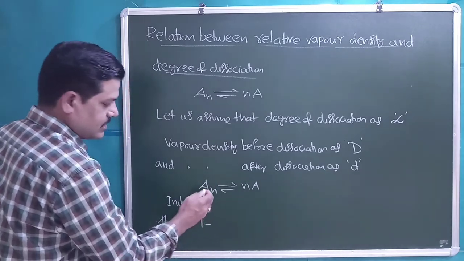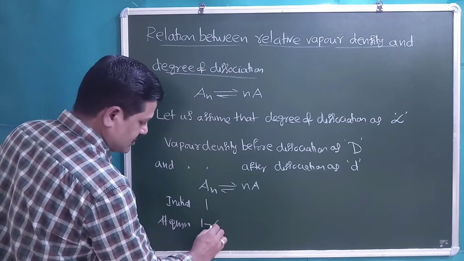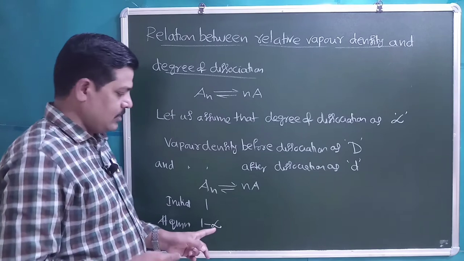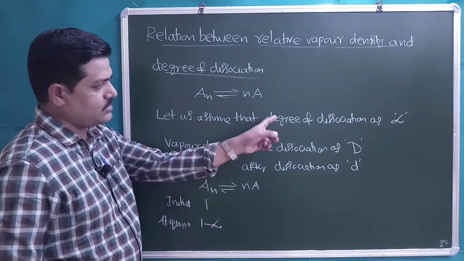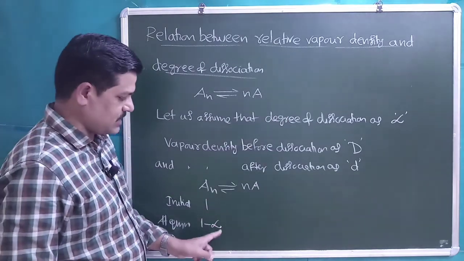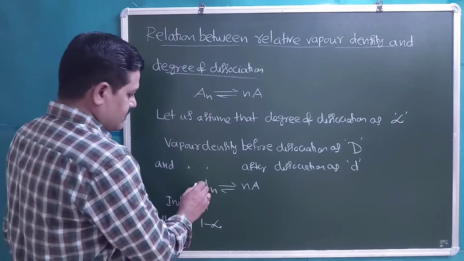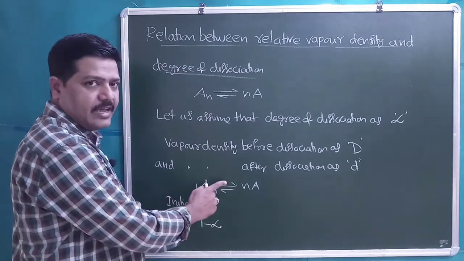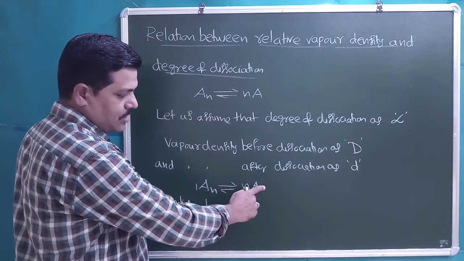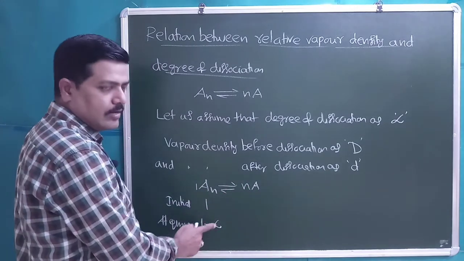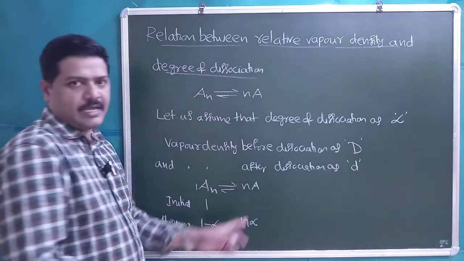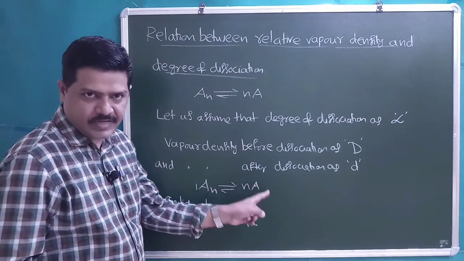This is in the ratio of 1 is to n. 1 mole of AN dissociated will give n moles of A, so alpha moles dissociated will give n alpha moles of A.